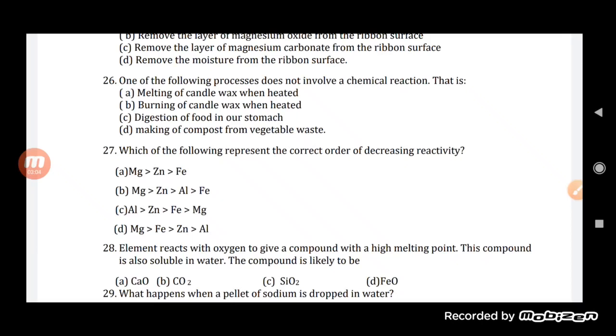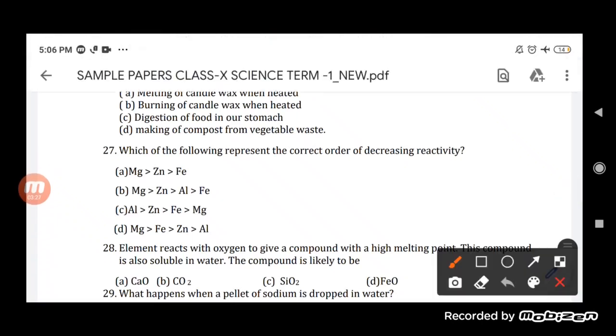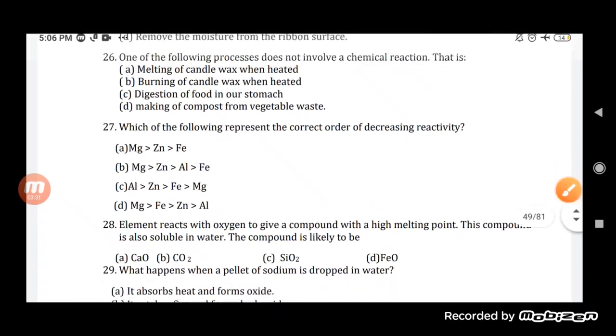So out of these, the one where no chemical reaction is involved is the melting of candle wax when heated. Yes, because when we heat it, the wax melts, and again it will get solidified and can be used again here. So melting of candle wax when heated is a physical process, it is not a chemical reaction here.